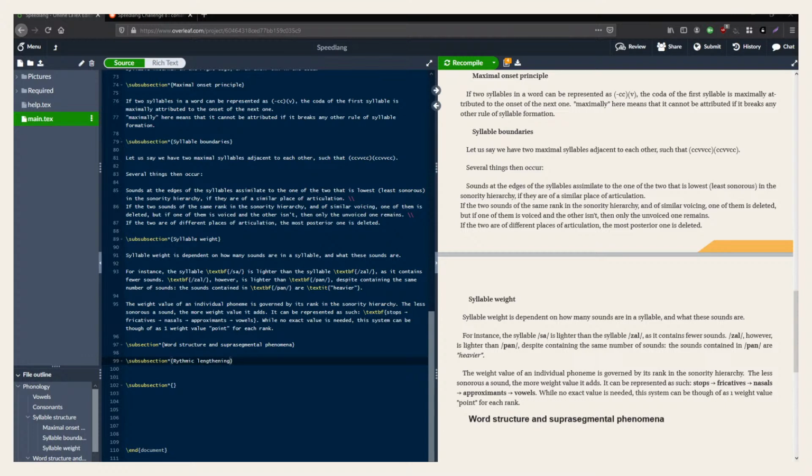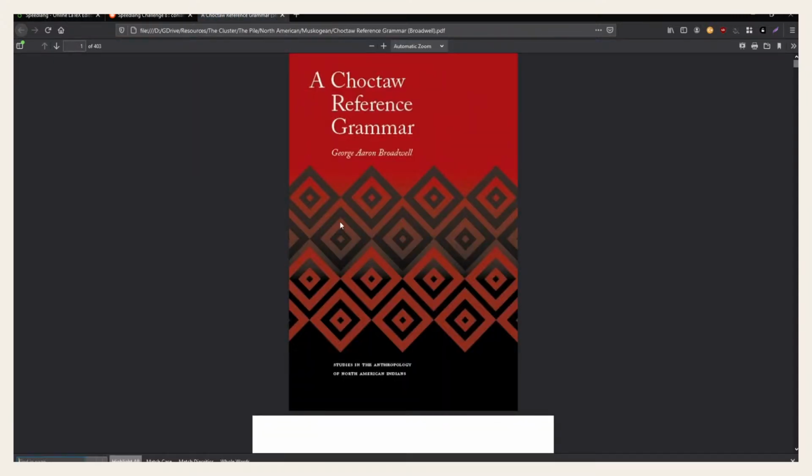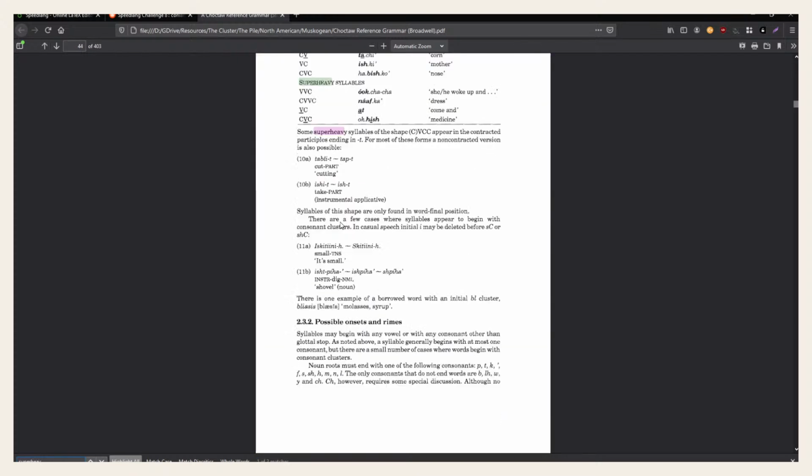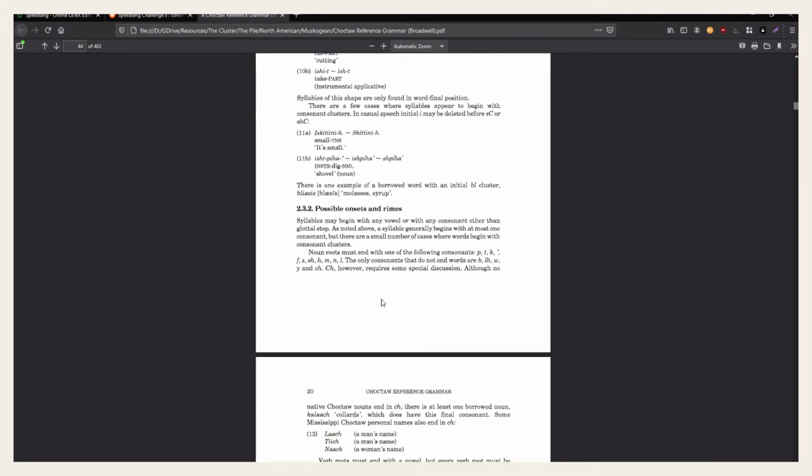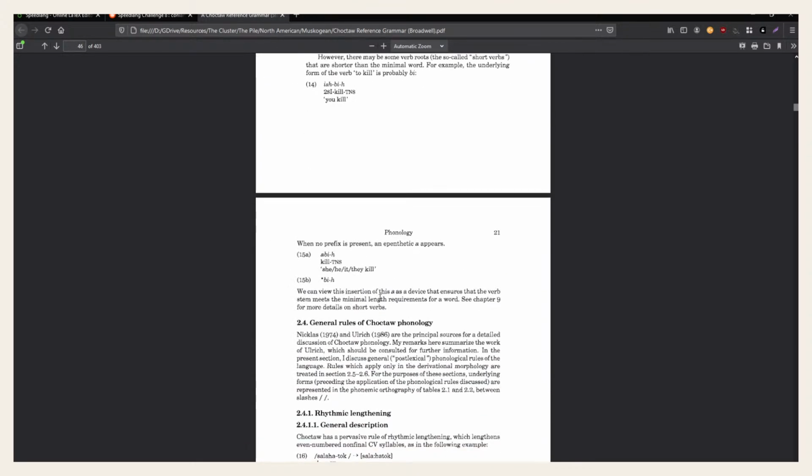I'm just going to go here and type super heavy in the... yes, it was Choctaw. It was Choctaw that I was thinking about. And does it have rhythmic lengthening?